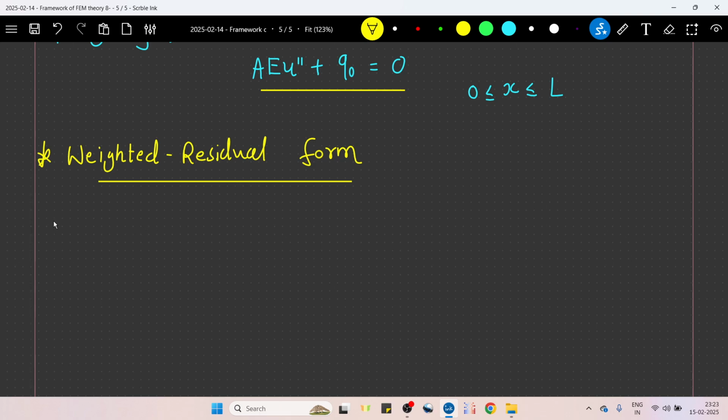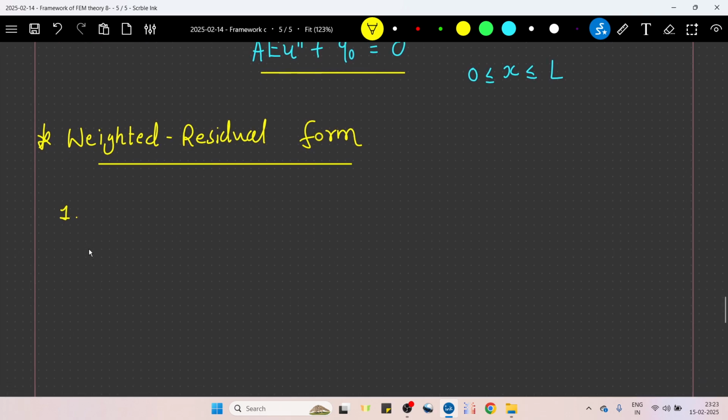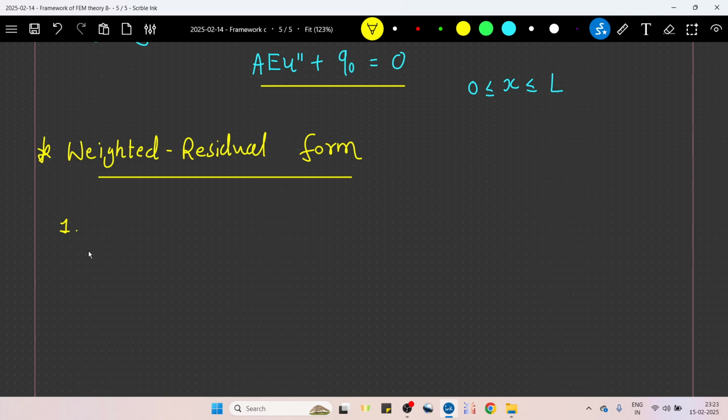We will get the weighted residual form in two steps, and I will also try to explain this with physical significance.